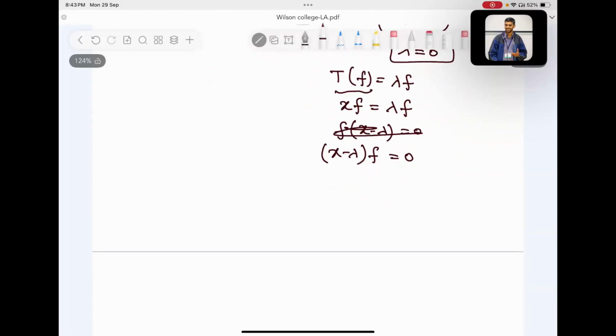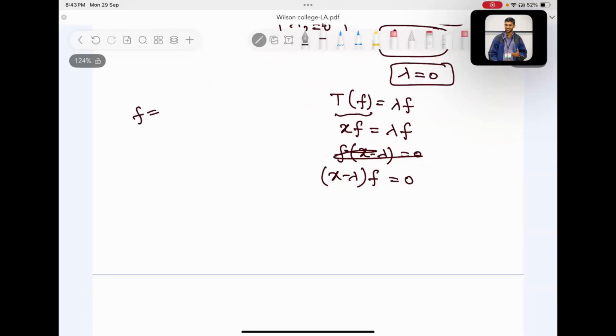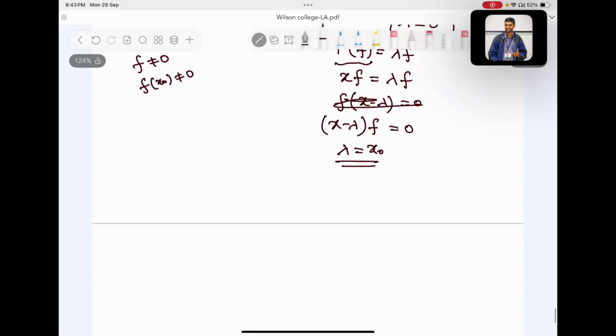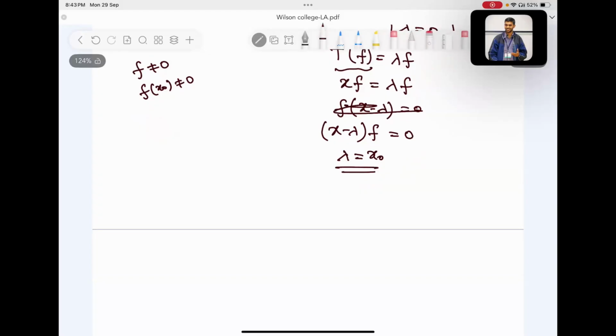Now, as I said, f is not equal to 0. That means for some point, say x naught, f is not equal to 0. If you put that point x naught, what you will get is lambda is equal to x naught. So from this, this point x naught has to be 0.